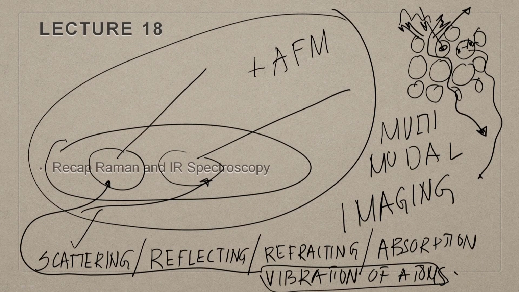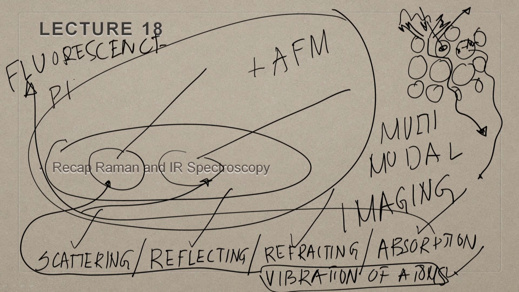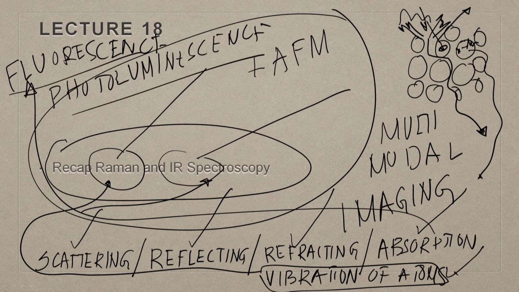There will be scattering, there will be reflection, there will be refraction, there will be absorption, there will be vibration, and this absorption will lead to, if it is a high energy laser, fluorescence, photoluminescence, and all other different kinds of situations, because the electron is moving.